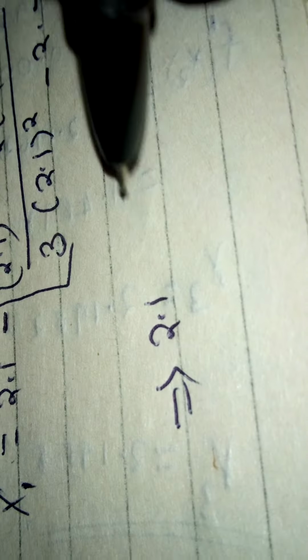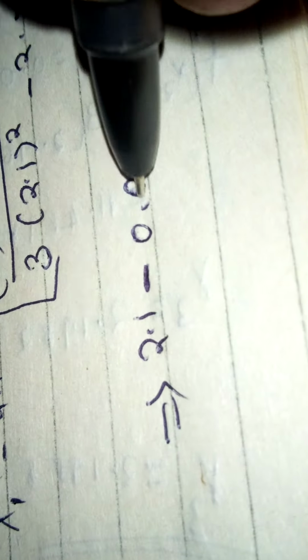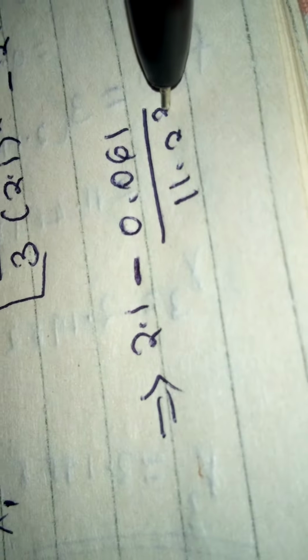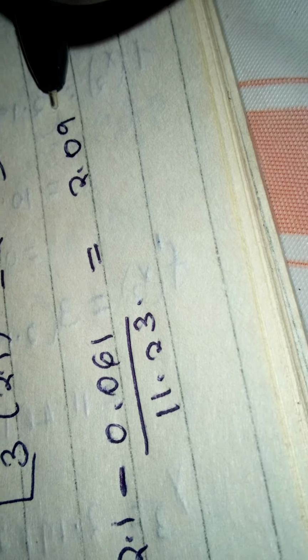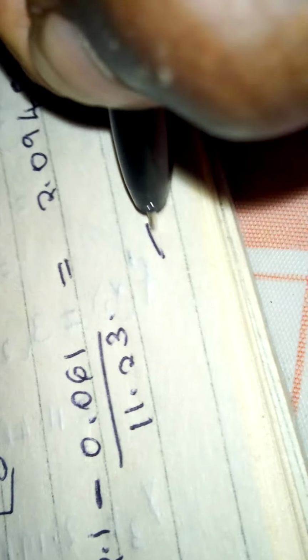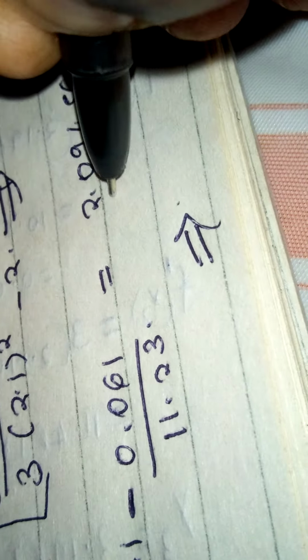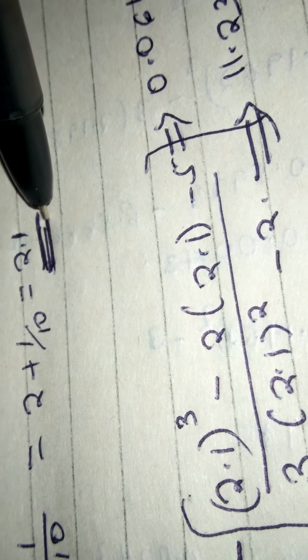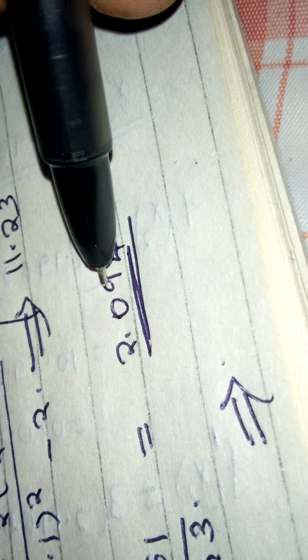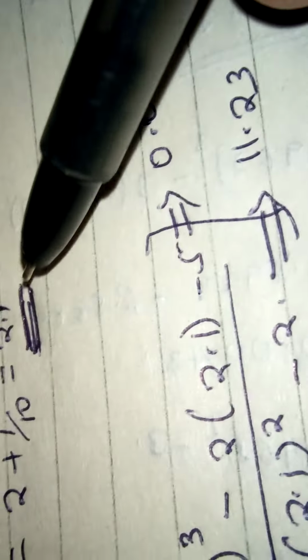Then we have 2.1 minus 0.061 divided by 11.23. This one will give you 2.094568. So our answer will be, because this answer and the 2.1 we found, when you round off, it will give you 2.1.